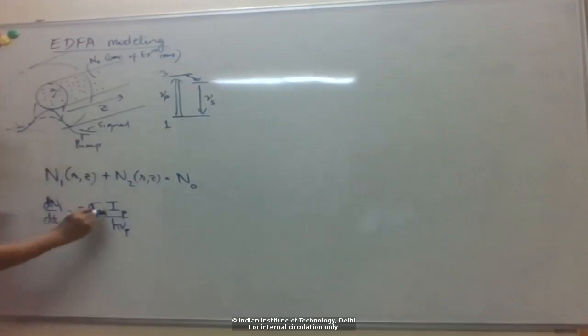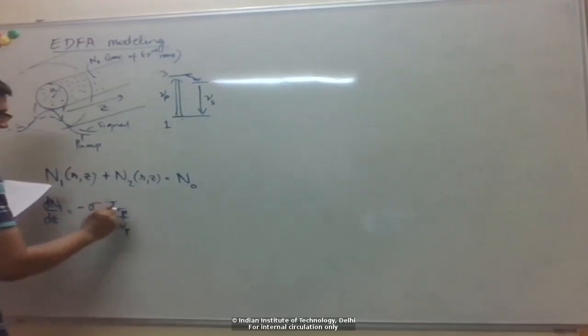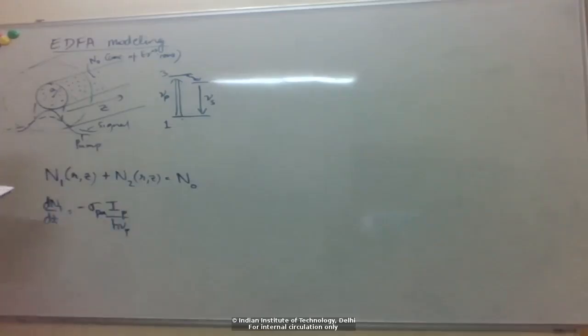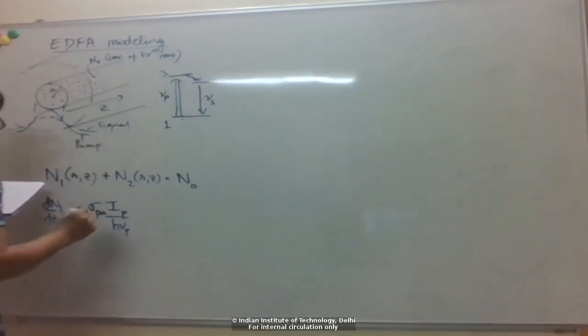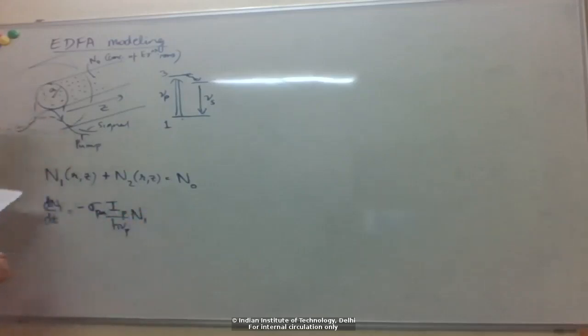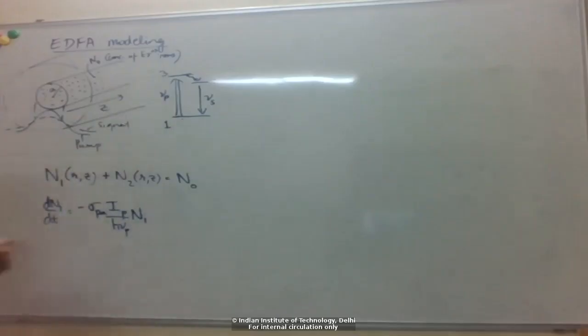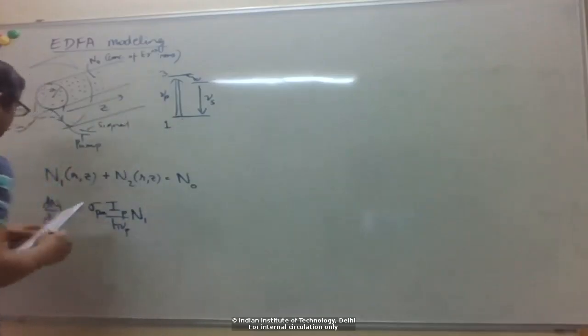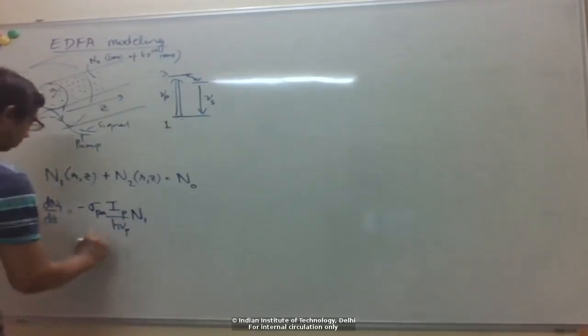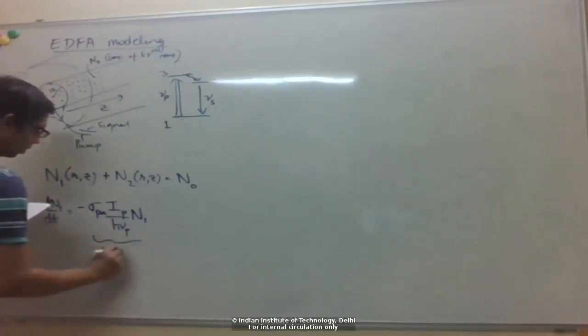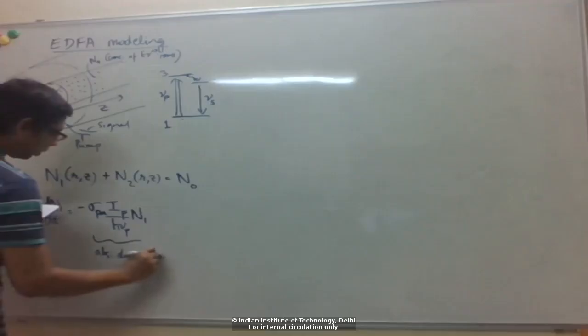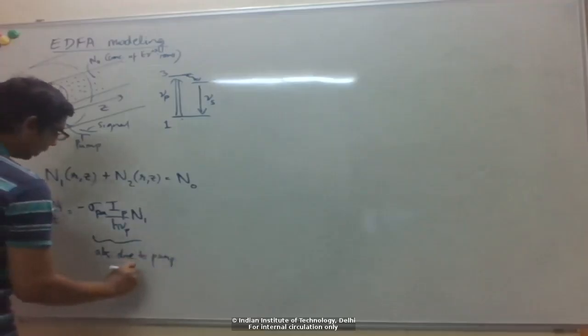It's proportional to the absorption cross section at the pump wavelength, then pump intensity divided by the photon energy. This gives me the photon flux, right? The number of photons crossing per unit area per unit time. So this is the absorption rate due to the pump. The atom goes from 1 to 3.